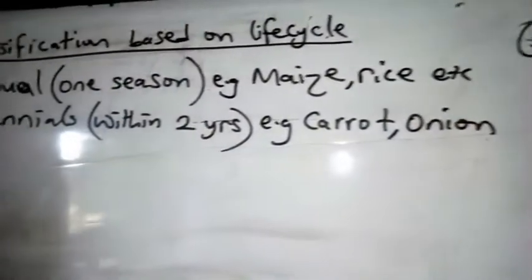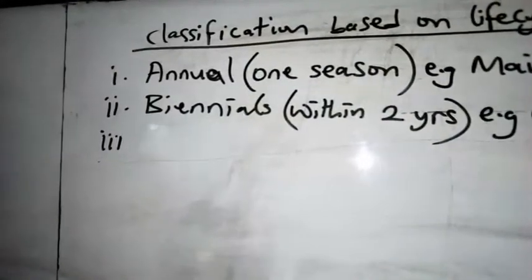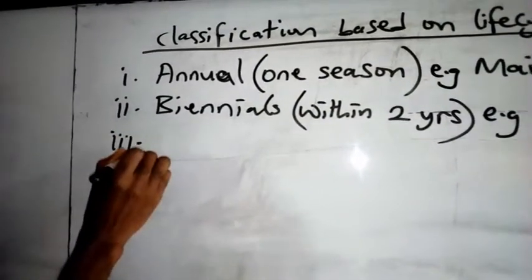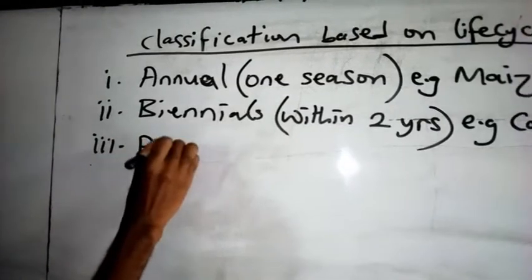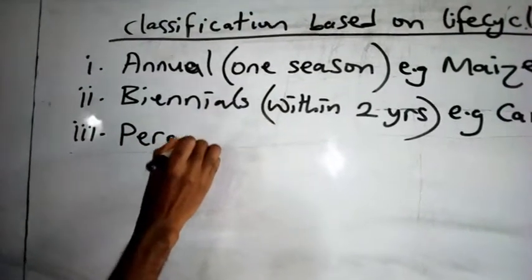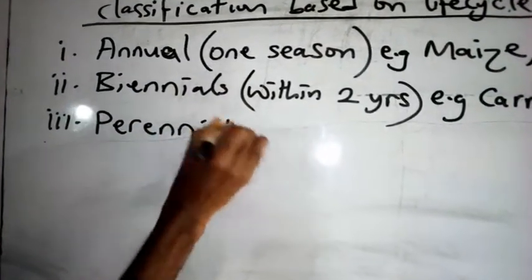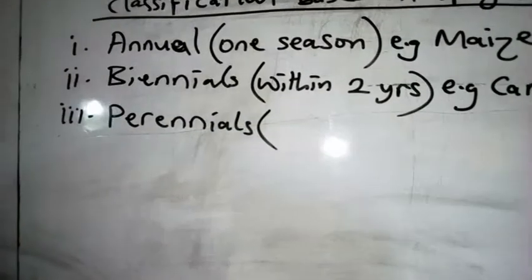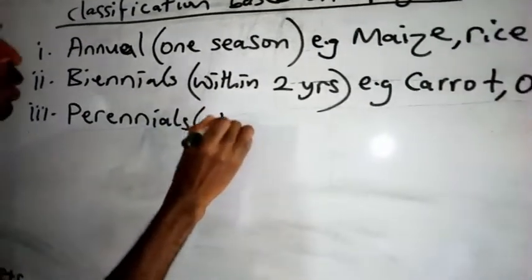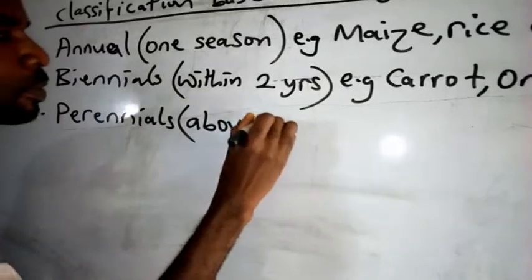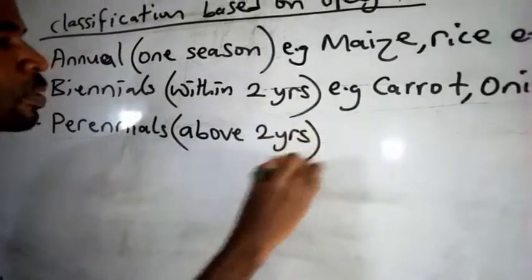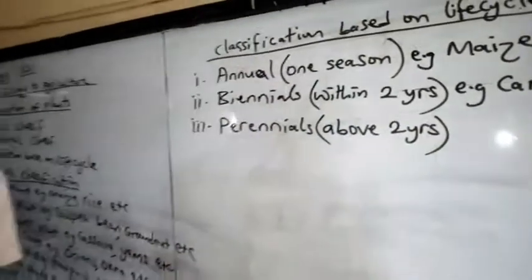Then finally, we have perennial. These are crops that grows above 2 years. Mostly the trees.